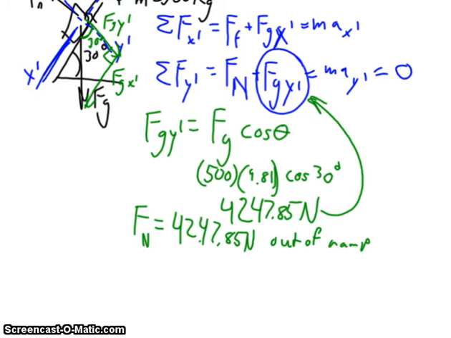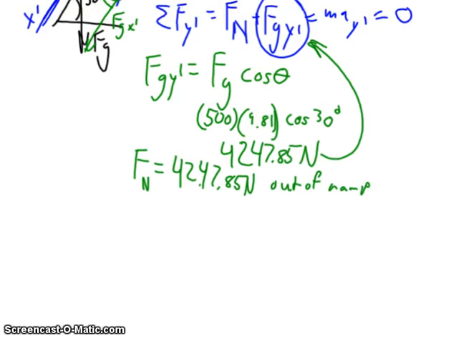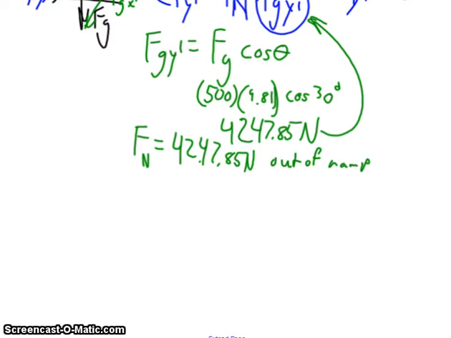Now we want to find the friction force. What we would do is, now that we have the normal force, we know that we have the relationship between normal force and friction force using the coefficient of friction. Right?